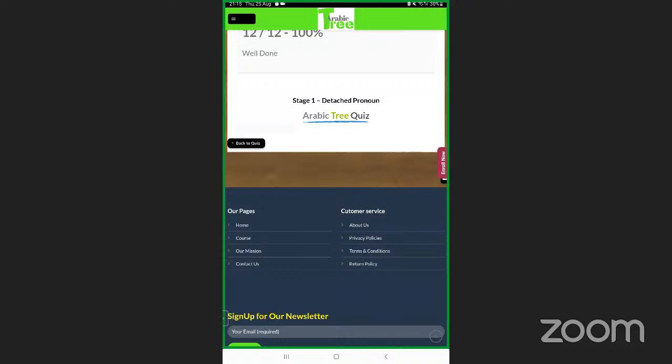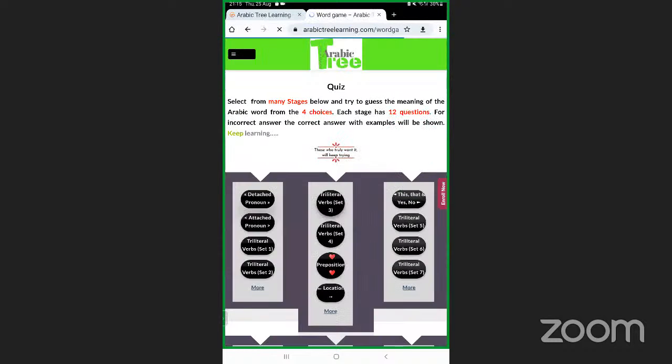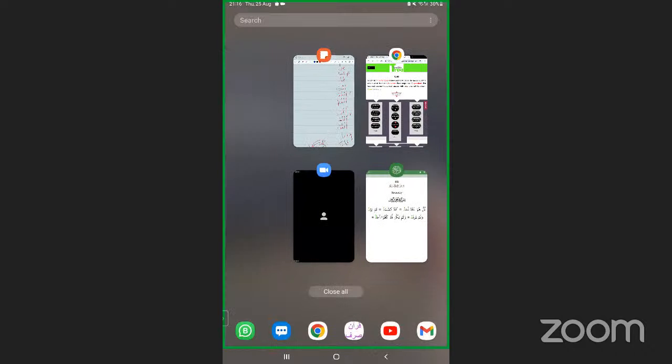So this is your detached pronoun. If you want to practice it, you can come here and play with the game detached pronoun. Is that okay, everybody? Detached pronouns are really important. I will not take you ahead of this until I am 100% confident that you people have understood the pronoun.